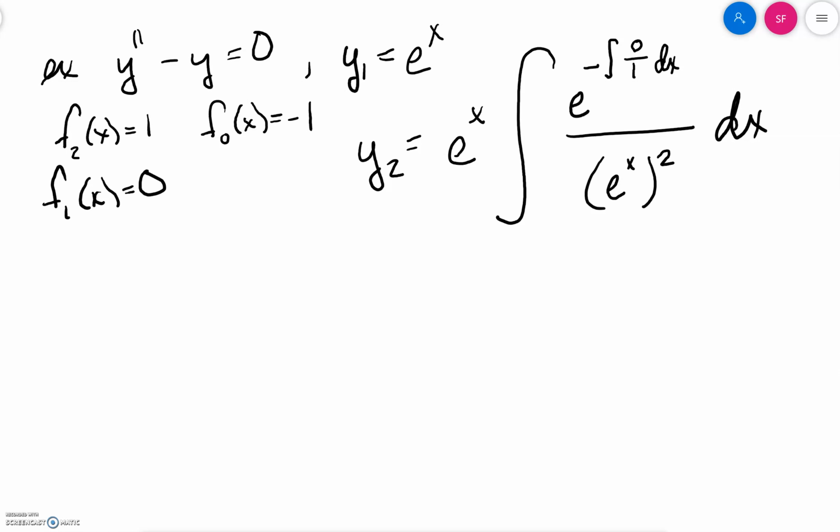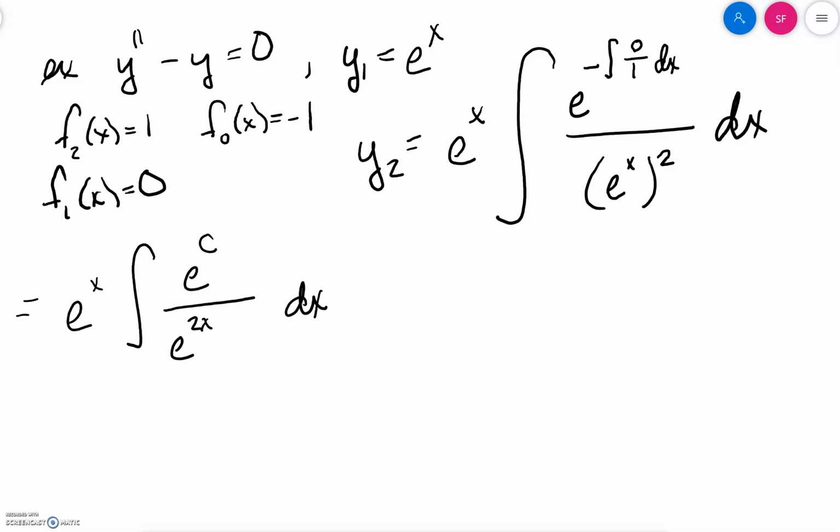Okay, let's see if we can simplify that down a little bit more. So now if we take this integral here, the integral of 0 is just a constant. So now we've got the integral of e to a constant over e to the 2x dx.